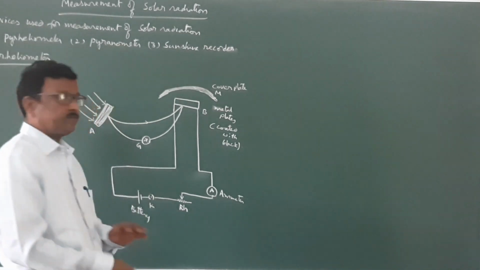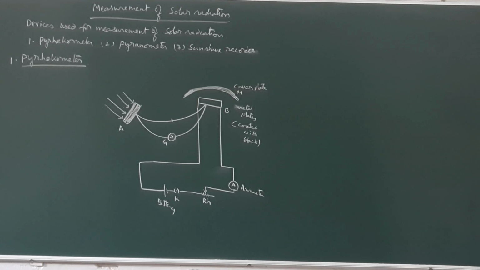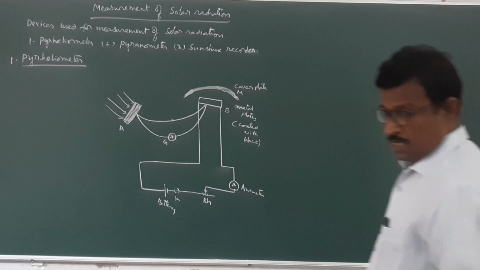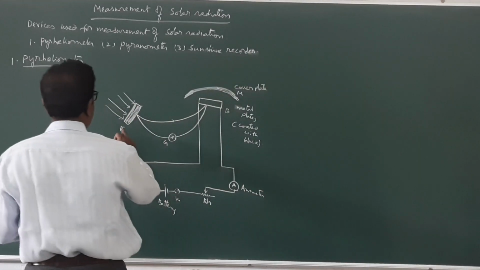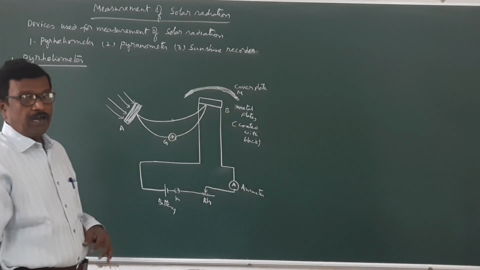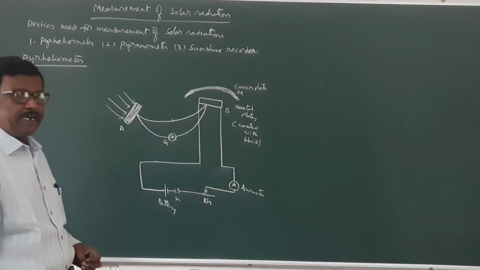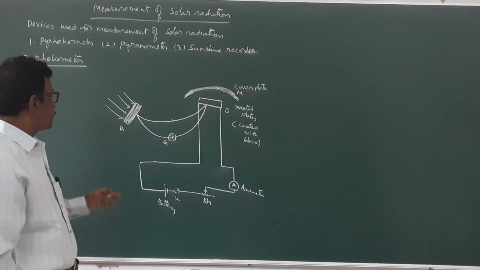Once again, it consists of two metallic plates A and B having equal area and made of the same material, identical in every respect.